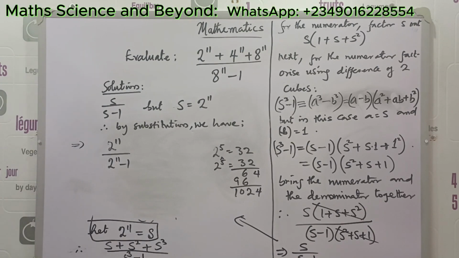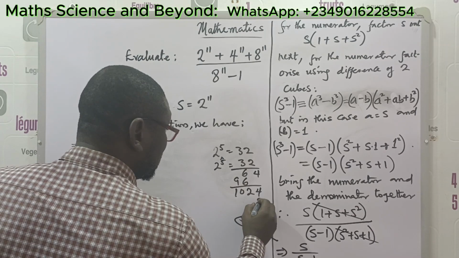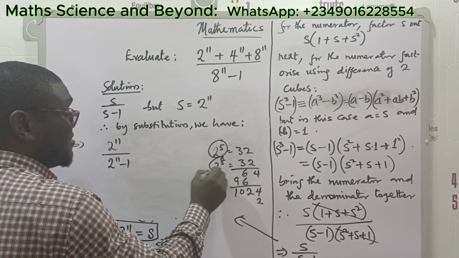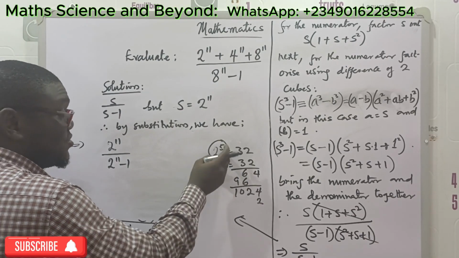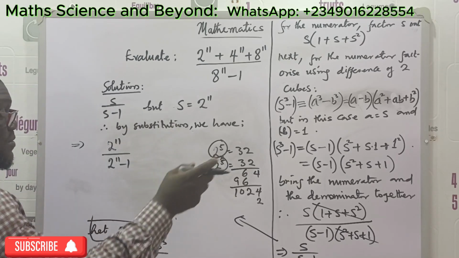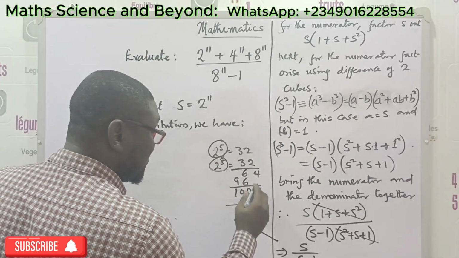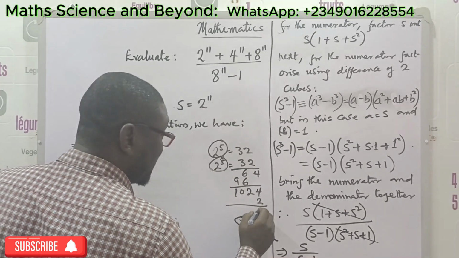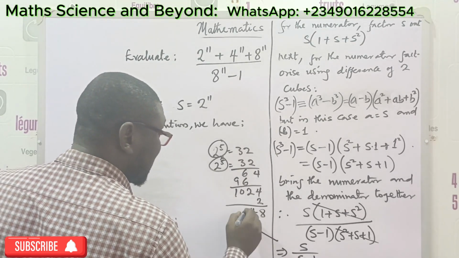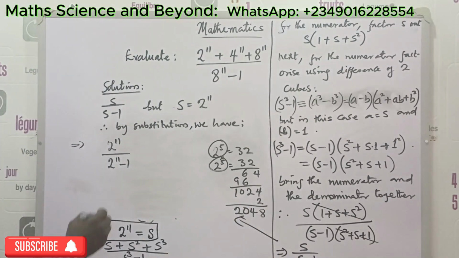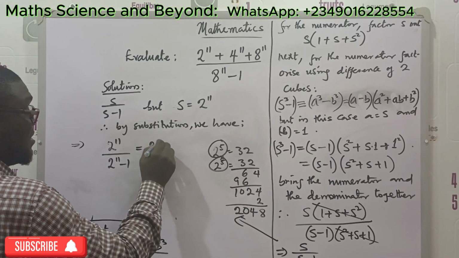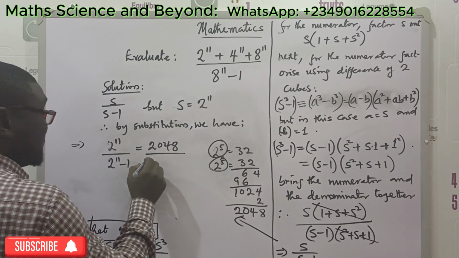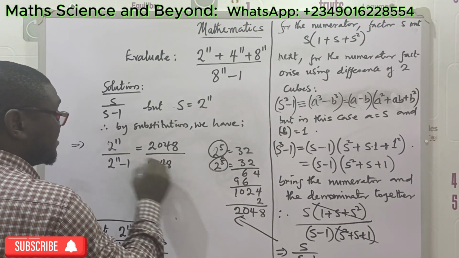So 1024, if you multiply it by another 2, because we still have one 2 left. We have succeeded in using 5 and 5, so 2 raised to the power 5 in 2 places, that's 2 raised to the power 10. That means there is the one 2 that I have not used. So 2 times 4, 8, 2 times 2, 4, 2 times 0, 0, 2 times 1, 2. So what we are going to have here is 2048 all over. You are going to have 2 raised to the power 11 is 2048, right?